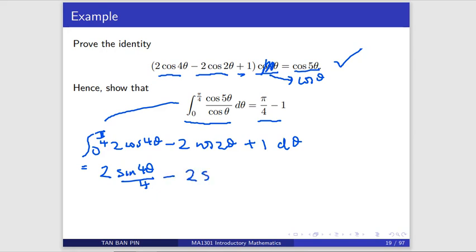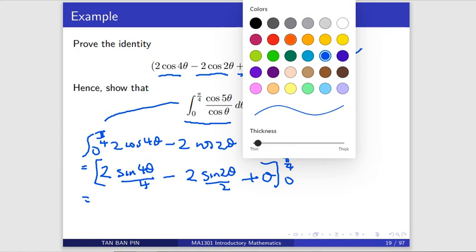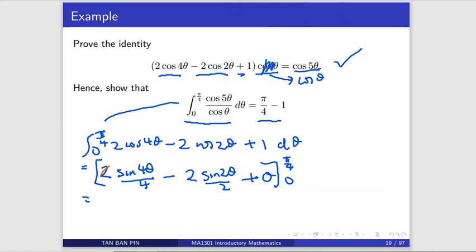And this will be 2 sine 2 theta divided by 2, and plus theta. And then you sub in the lower and upper limits 0 and pi over 4. So you can cancel to give you half. This 2 will cancel.